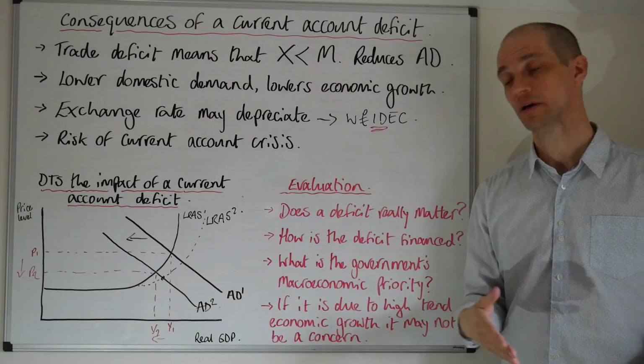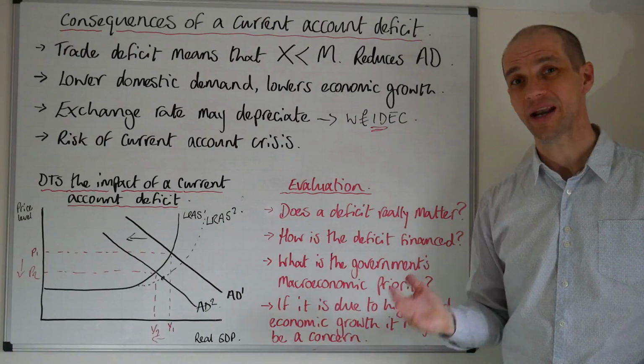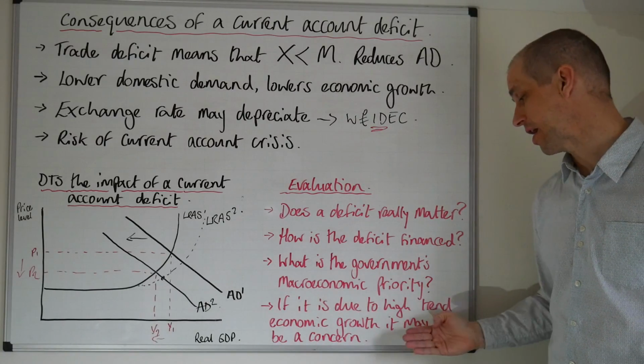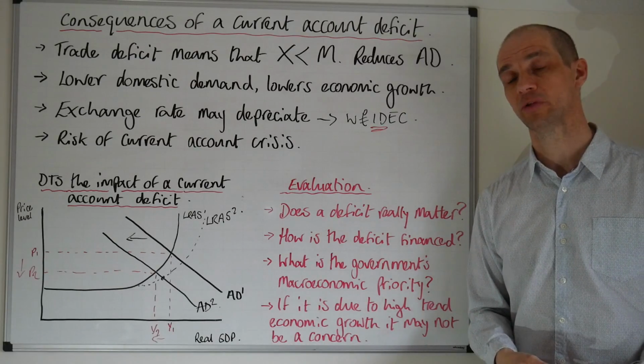look, does this matter? Okay, and then finally, if it is due to high trend economic growth, then the current account deficit may not be a real concern for the economy.